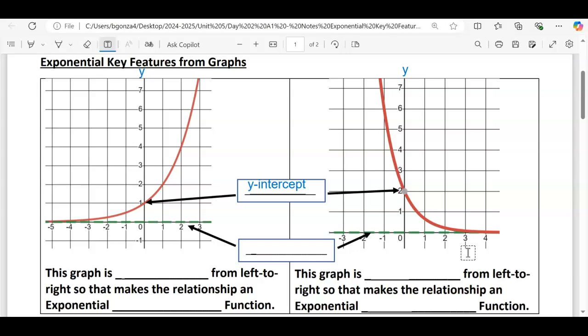Let me give you an example of what an asymptote is. If I told you to take the number 1 and cut it in half, what number would you have? 0.5. Now, can you cut that in half? 0.25. And can you cut that in half? 0.125. And can you cut that in half? You get the idea.